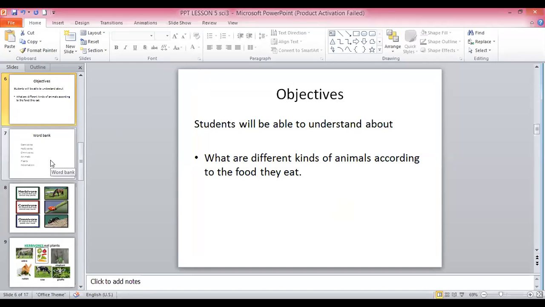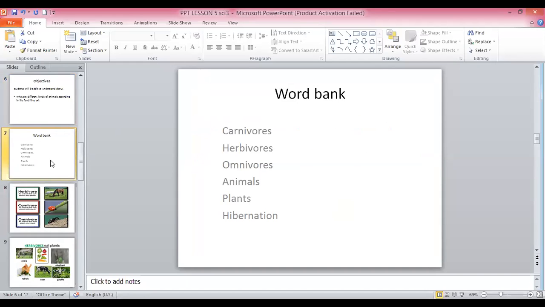Okay, and again, before starting, let's quickly look at the word bank, all the difficult words that we will be dealing with in this chapter. They are carnivores, herbivores, omnivores, animals, plants, and hibernation.